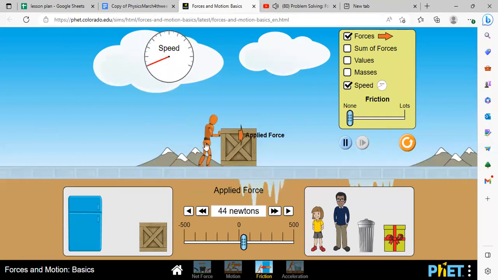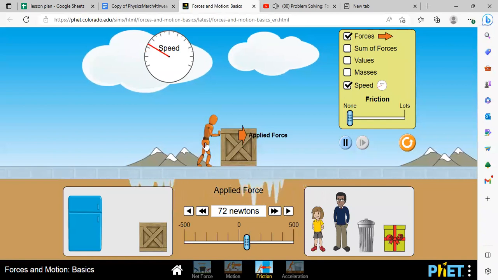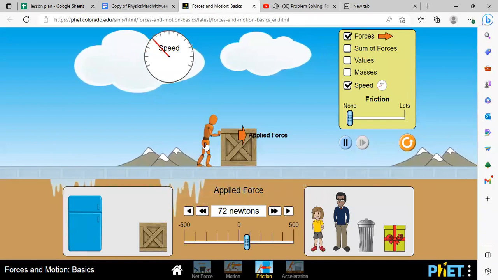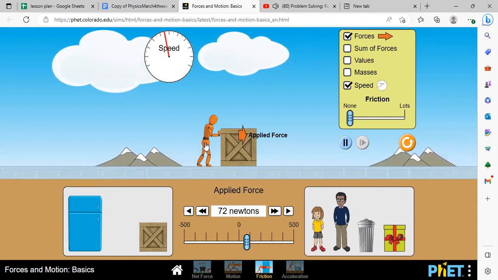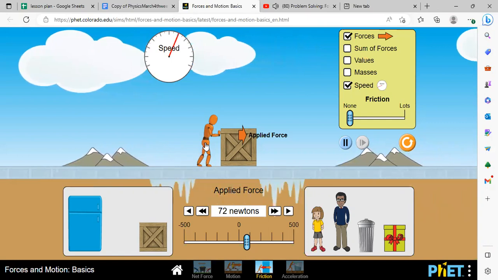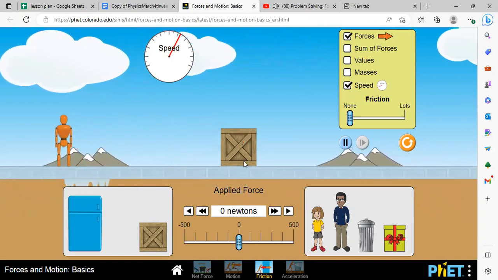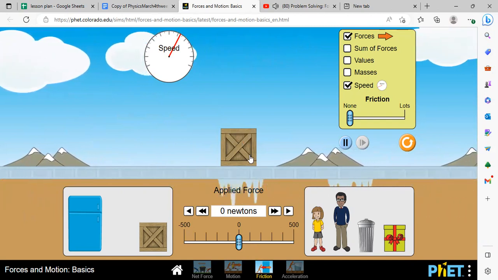So let's apply force. So kita natin sa speedometer, the speed steadily increases. So therefore, the object is accelerating. Okay? So may applied force siya. So pag binitawan ko, so the object will maintain the speed. Okay?